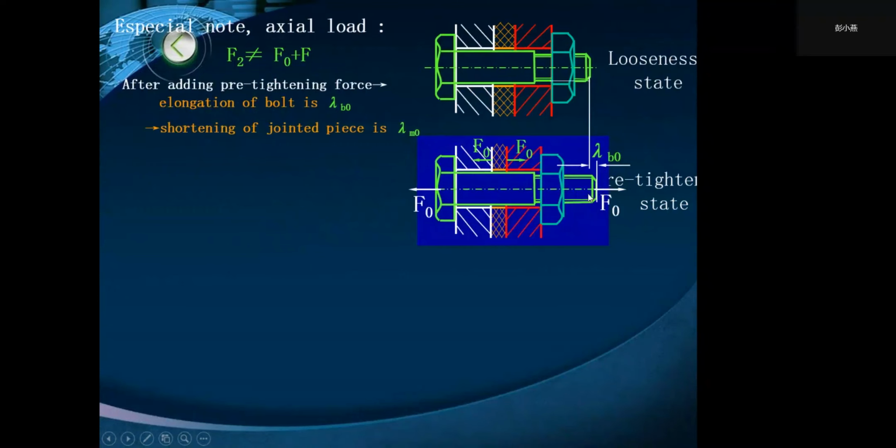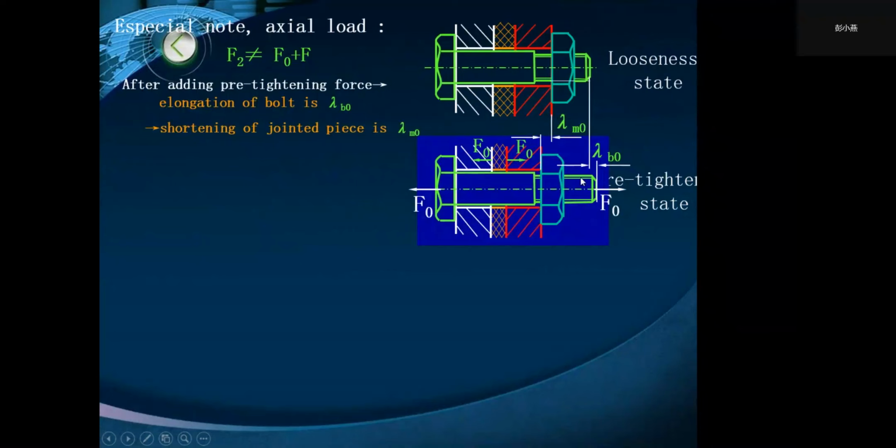So the bolt will elongate. The elongation of the bolt is lambda B0. The clamped members are subjected to compression, so the shortening of the jointed members is lambda M0.